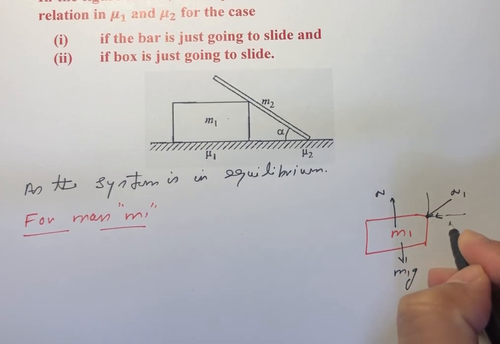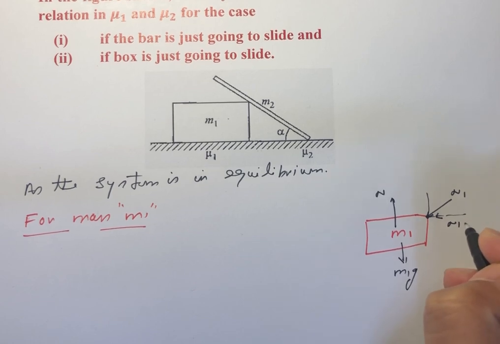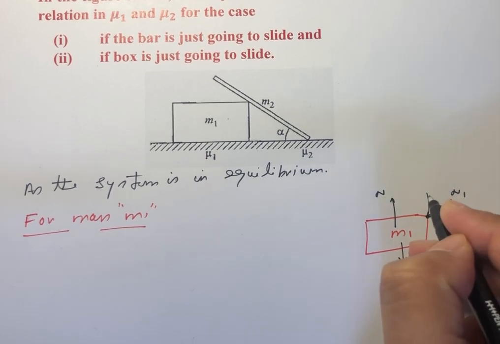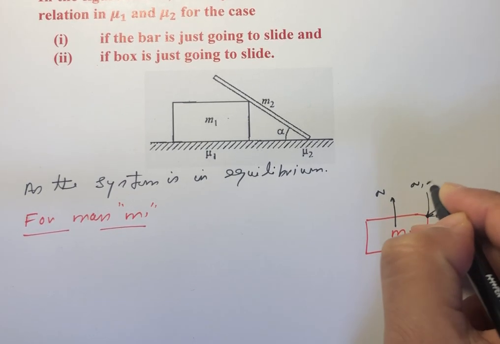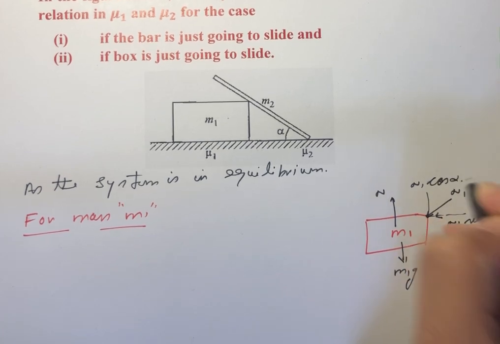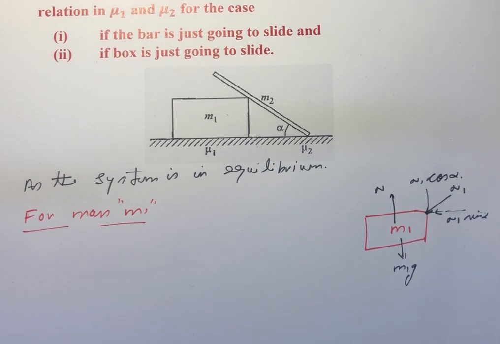The first will be our n1 sine alpha, and this will be our n1 cos alpha. And another thing will be that this mass m1 will have the tendency to move towards left side.